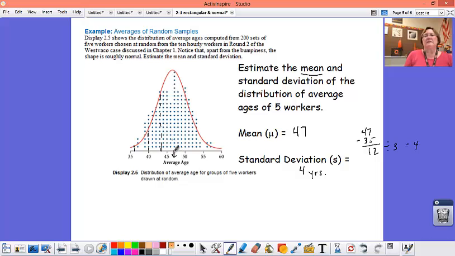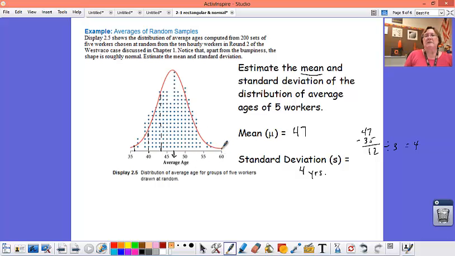Again, what we did was we looked at a mean, okay, 47 about. Then we compared that to the low end of the scale, so 47 minus 35. That's 12 years that we want to spread up between 3 standard deviations. We choose 3 because I'm telling you that almost 100% of the data in any normal distribution will be contained within 3 standard deviations either side of the mean.